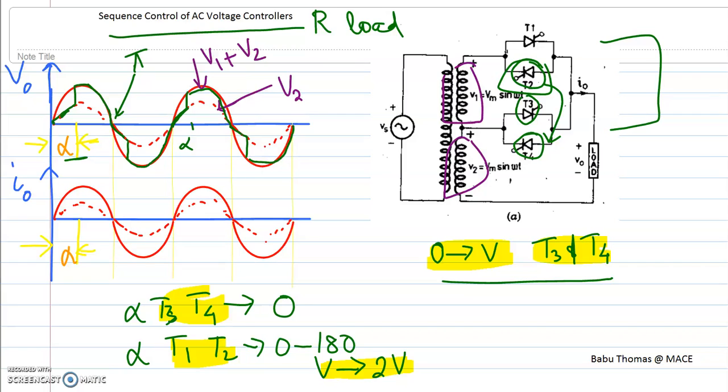Now we will plot the current waveform. The magnitude of the voltage over here is root 2 into 2V, and the magnitude over here is root 2 into V. Now we will plot the output current waveform following the same sequence, because it is a resistive load, and therefore voltage and current will be in phase with each other.